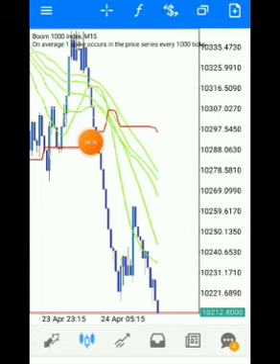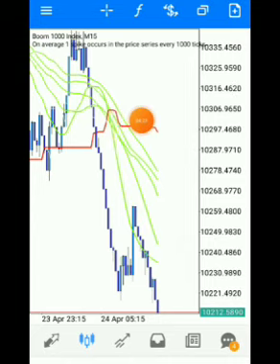Once it crosses over them completely, then trader, you're good to buy or sell depending on the direction. So for instance, if the Ichimoku crosses over the moving averages upward, and the moving averages are all facing down, then it's a downtrending market. You just sell.